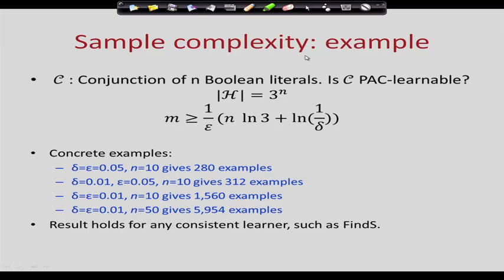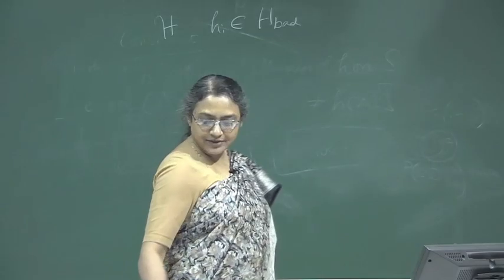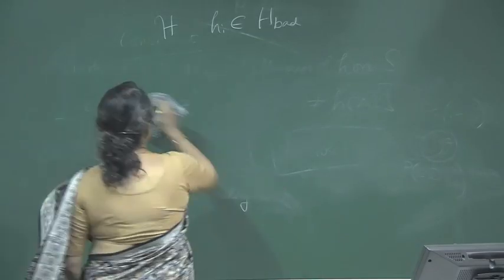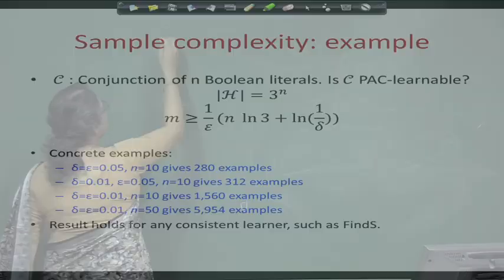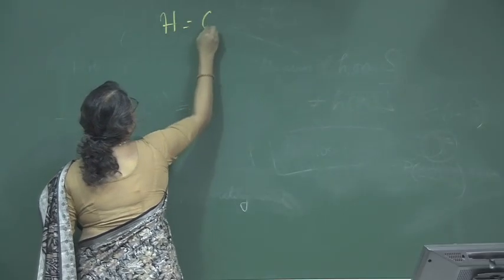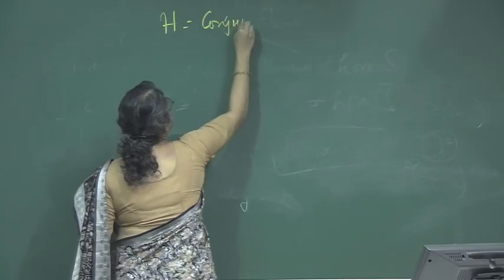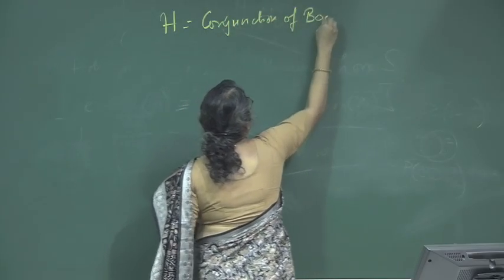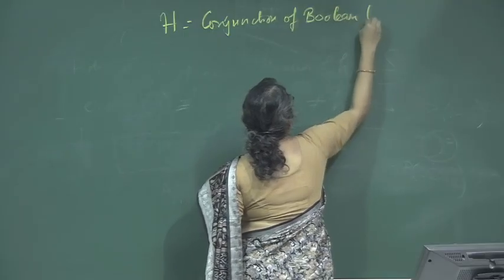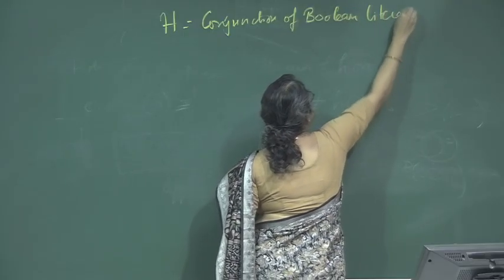Now let us look at an example of the first case. So, suppose we look at a particular hypothesis class. Our hypothesis class is conjunction of Boolean literals. These are also called monomials.